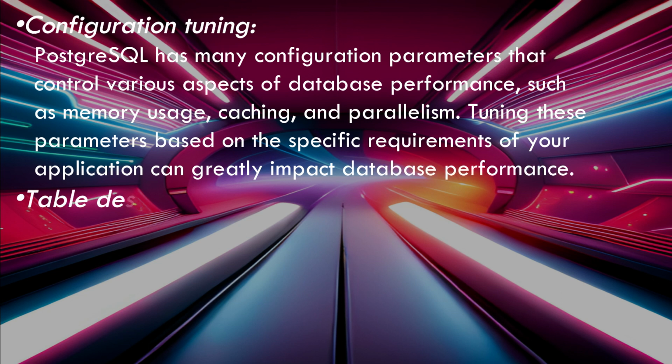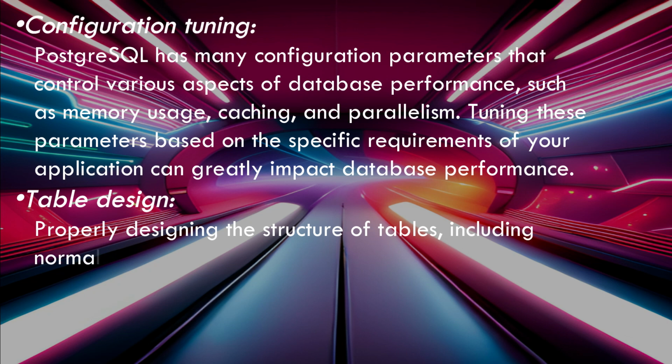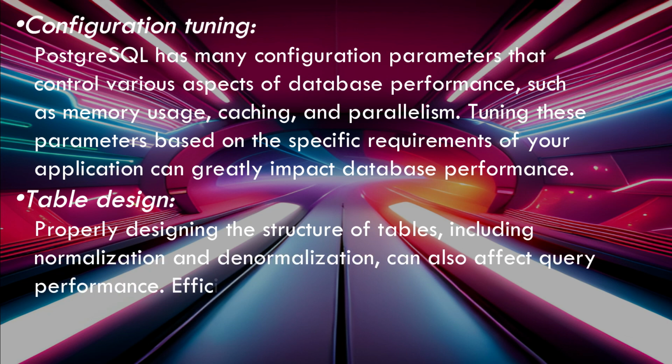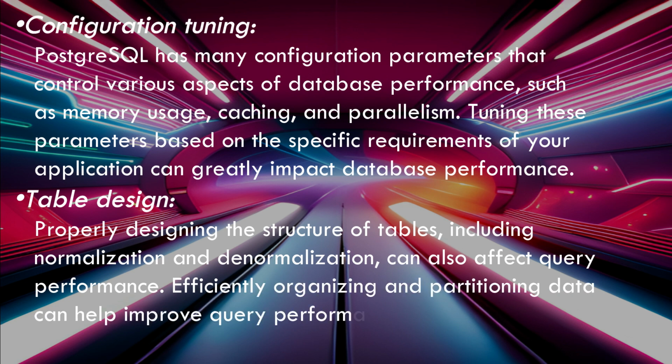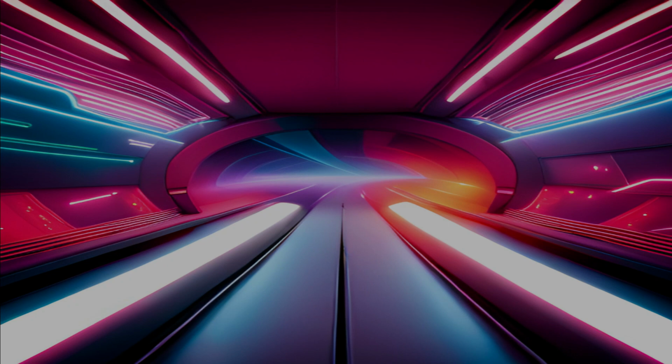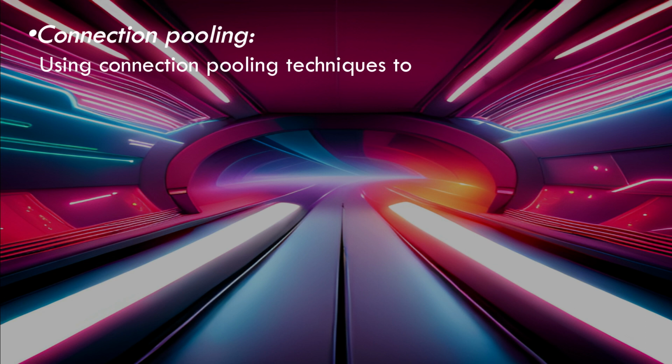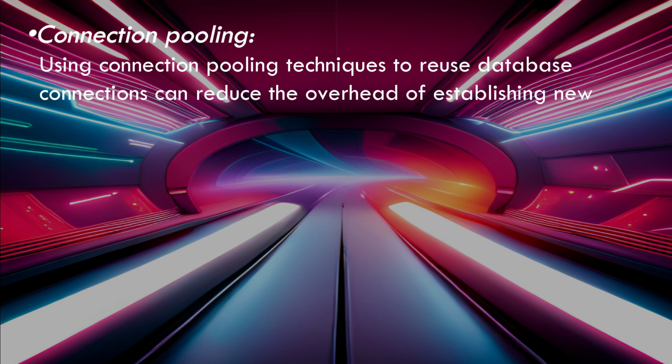Table design. Properly designing the structure of tables, including normalization and denormalization, can also affect query performance. Efficiently organizing and partitioning data can help improve query performance. Connection pooling. Using connection pooling techniques to reuse database connections can reduce the overhead of establishing new connections for each database operation.